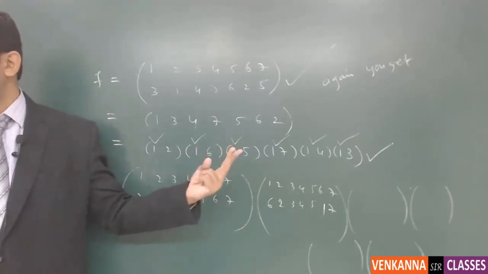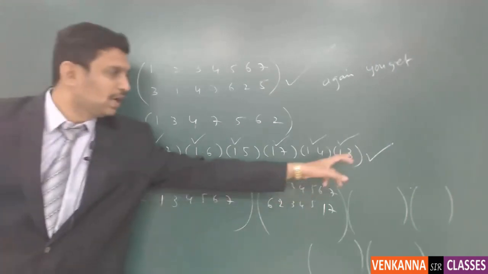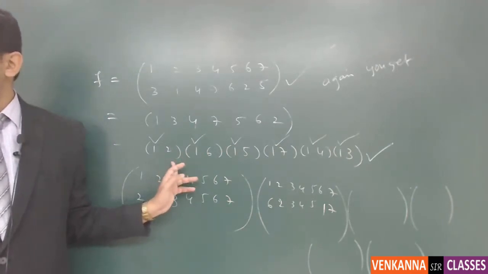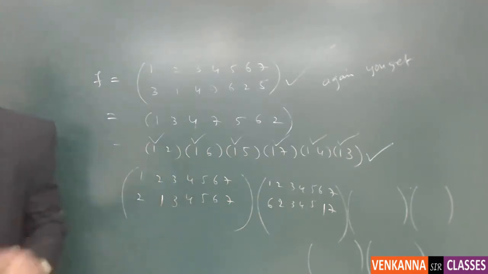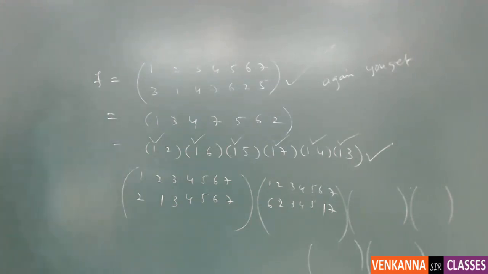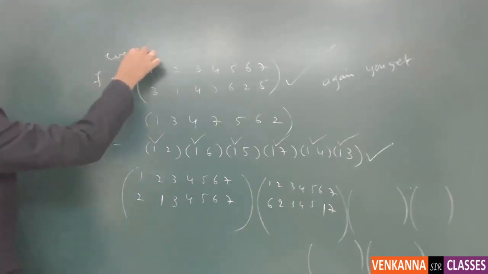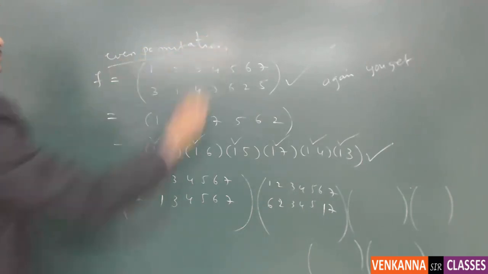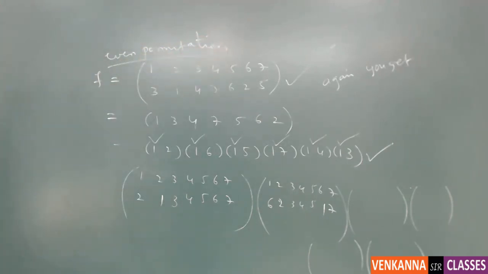A cycle of length 2 is called a transposition. So total 1, 2, 3, 4, 5, 6 values are there. Is 6 an even number or odd number? So we call it an even permutation. So the given permutation is nothing but an even permutation. Clear? Clear for all?